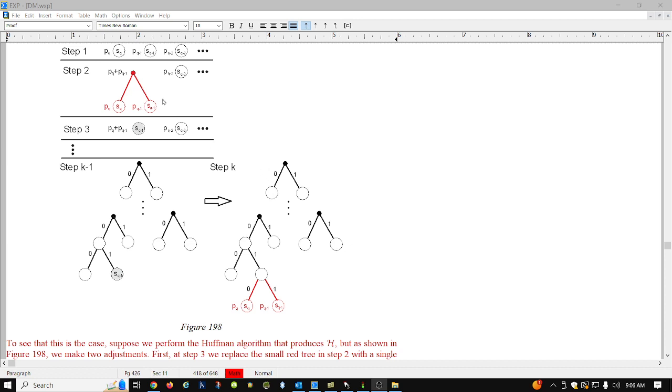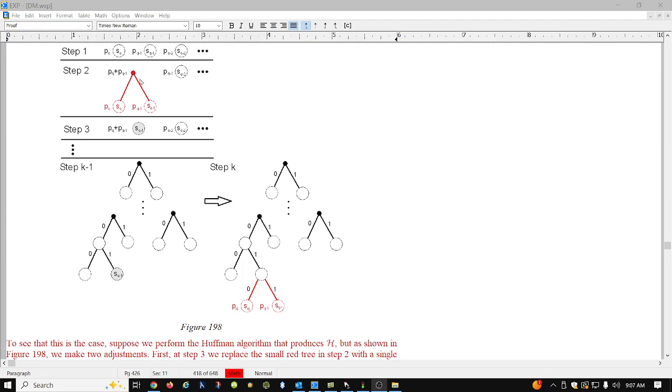Now, this is the previous step. I've inserted here a new step that's not technically part of the Huffman algorithm. What I did here, I didn't touch anything except this first location.